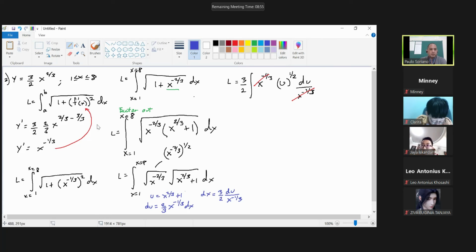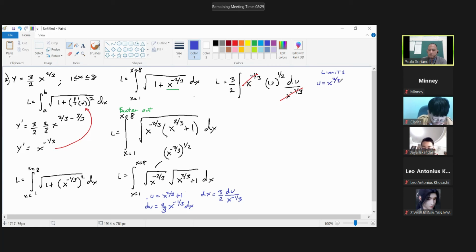For our limits, we need to adjust the limits as well. Remember, this is still in x, but this is in u. So we need to change that. So that is going to be when u is equal to x raised to 2/3 plus 1, when x is 1, what's the value of u?